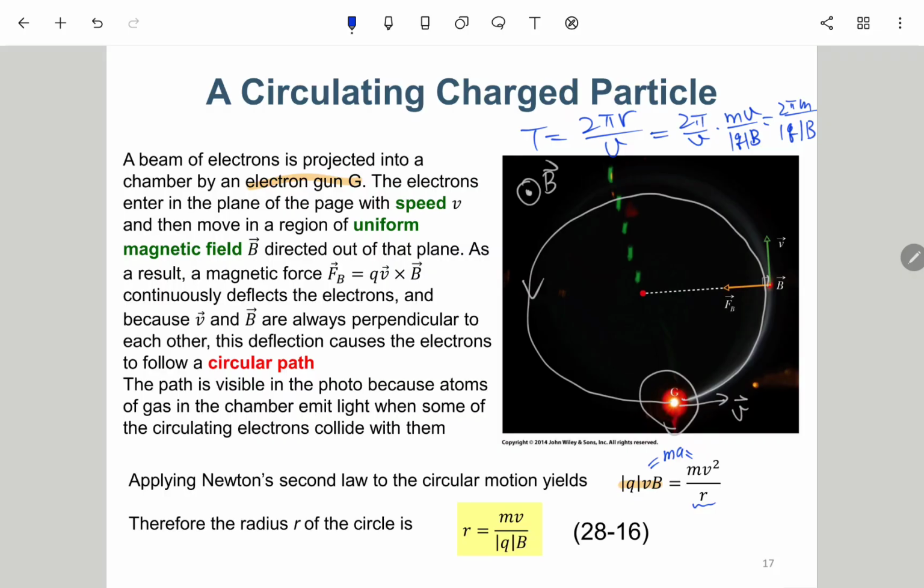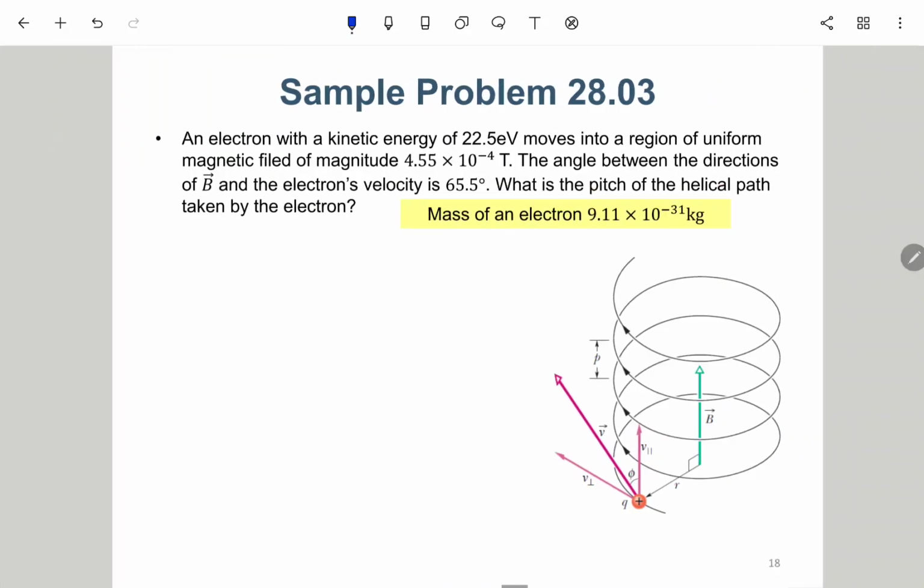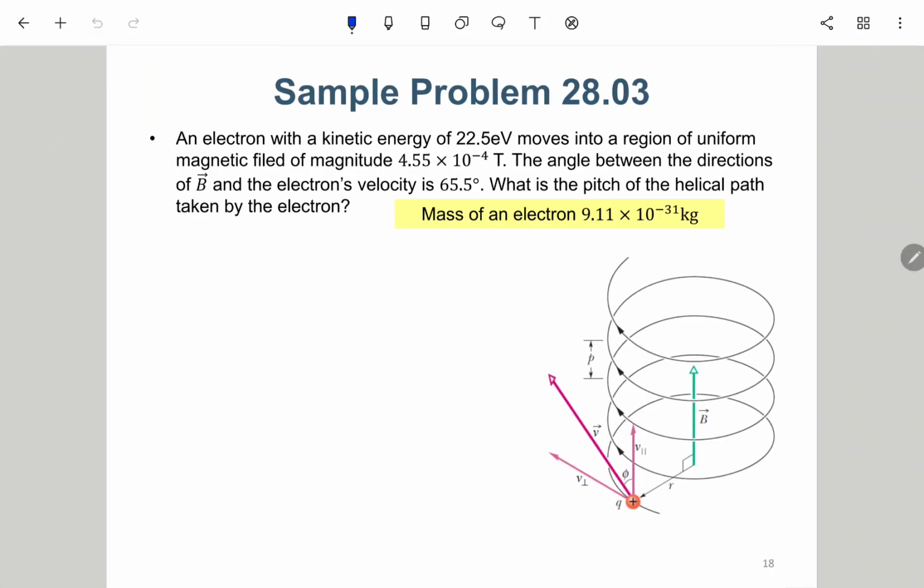So this is the period of the circular motion. Later on we will make use of both this one and this one for this sample problem.